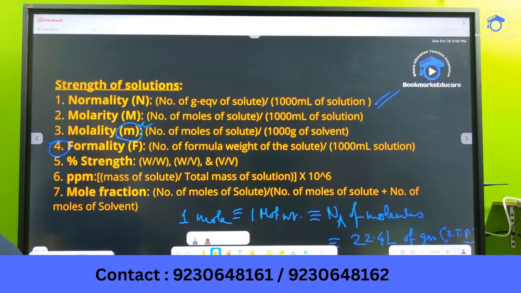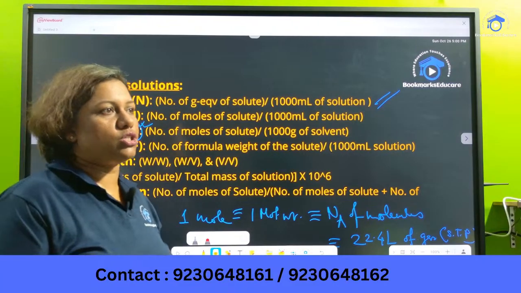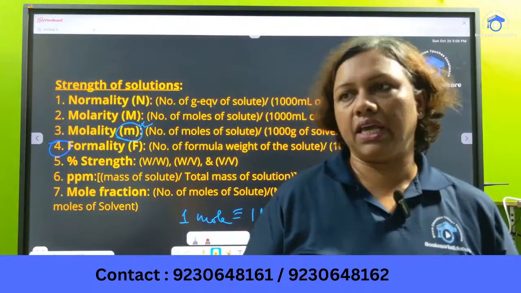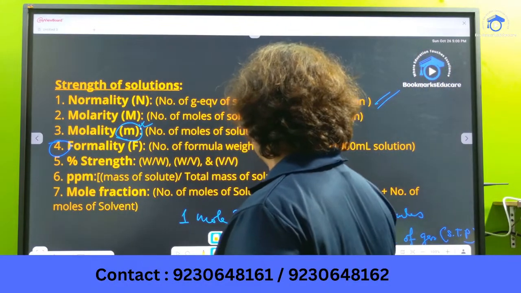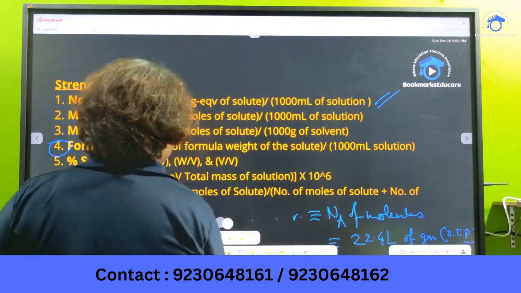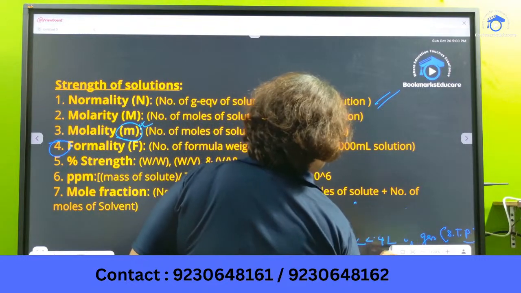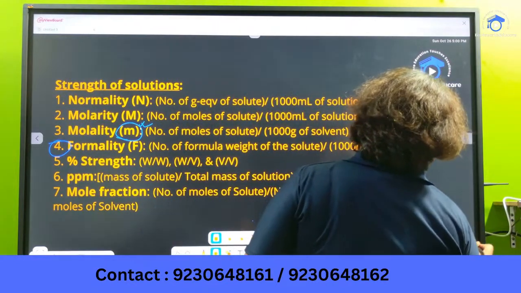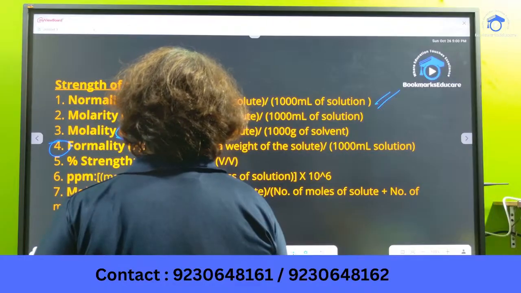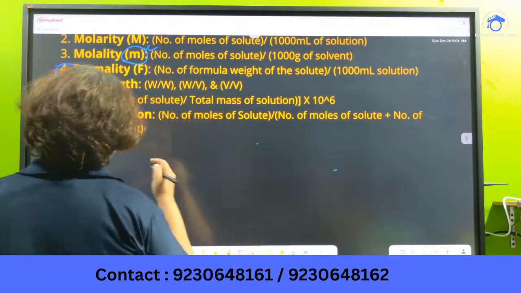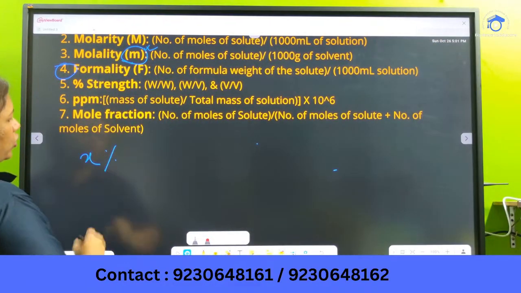Next is percent strength. This is also very important. What happens in percent strength? So X%.